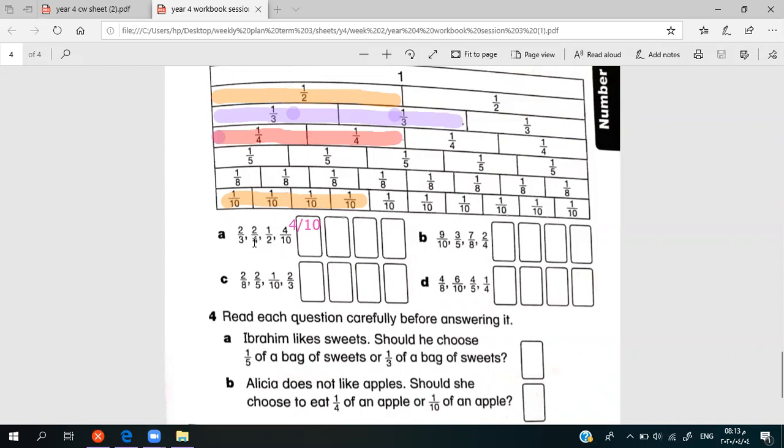Do you know why 2/4 is a half? Because half the 4 is a 2. That's why I told you that 2/4 is a half. So if I wrote the half or the 2/4 first, it doesn't matter. They are both the same. Half or 2/4. And the largest one is the 2/3. Okay. Let's try now doing number B.